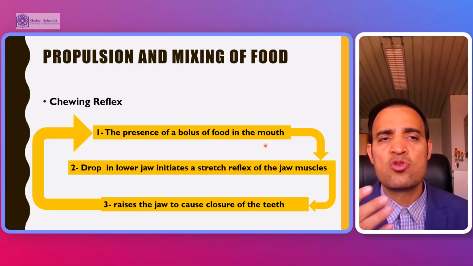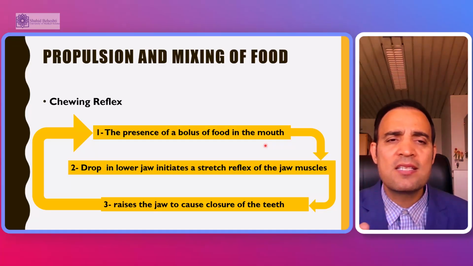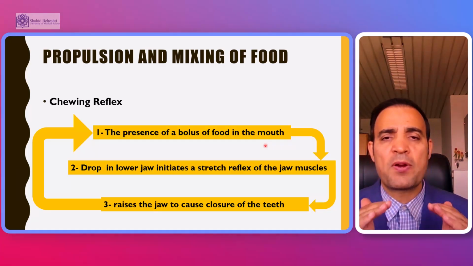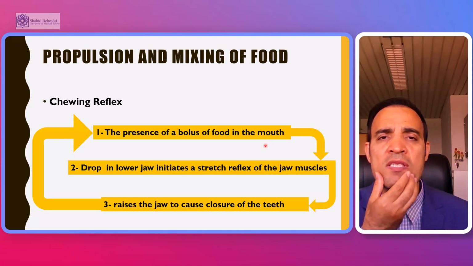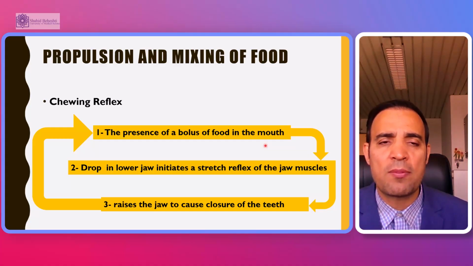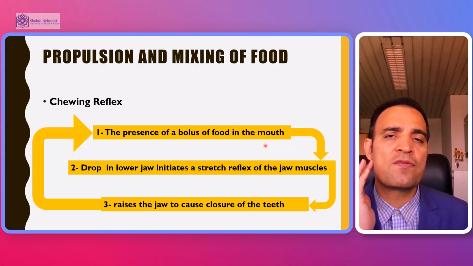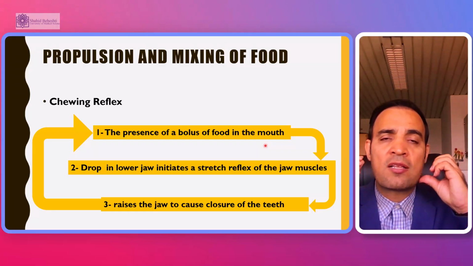This chewing reflex has a ring, and you can see this ring in this figure. As you see, the presence of the bolus of food in the mouth will cause our jaw to a little drop, and this drop in the jaw initiate a stretch reflex in the muscles. This stretch reflex stimulate the contraction.